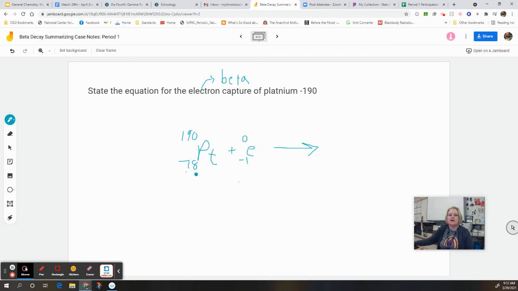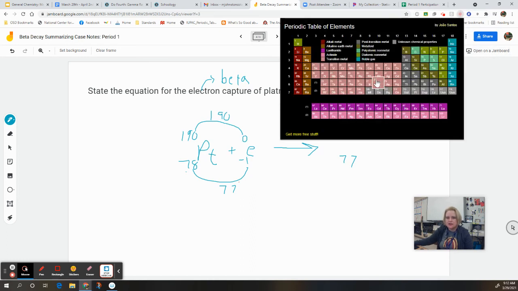And I'm going to take 1 away from the 78 to make 77, take 0 away from the 190 to make 190. So what I will be left with for a daughter isotope has a mass of 190, has atomic number 77, and we can identify that as iridium, number 77, right there on your periodic table.